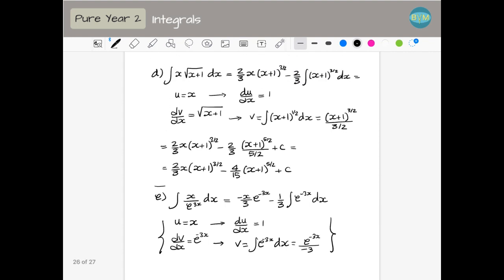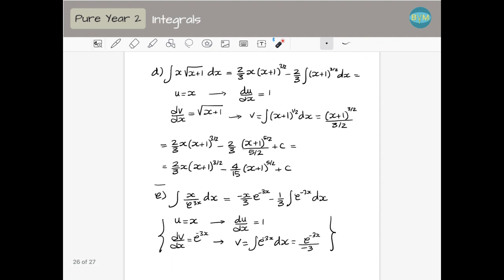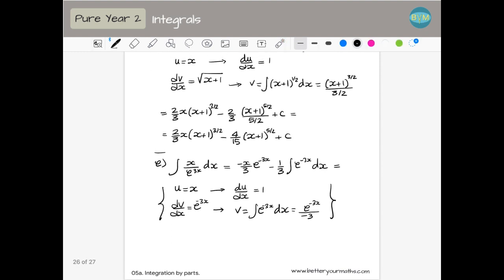I'm just using the formula. The formula is in the formula booklet. And I integrate that second part, and I have minus x over 3 e to the power of minus 3x minus 1/3 e to the power of minus 3x divided by minus 3, plus c.